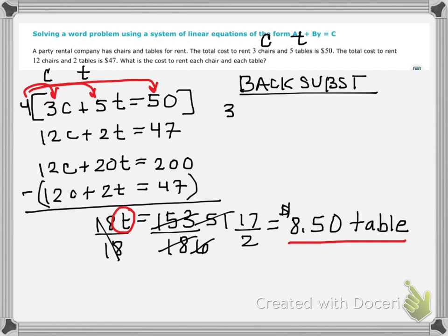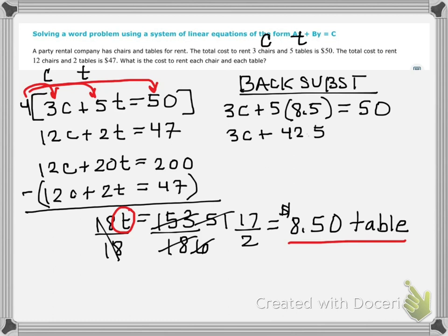So I'll do it in this first equation, 3c plus 5 times 8.5 equals 50. Let's see how far I can get without a calculator here. Let's see, 3c plus, all right, 5 times 8.5 is 40 plus 2.5, so that's 42.5.